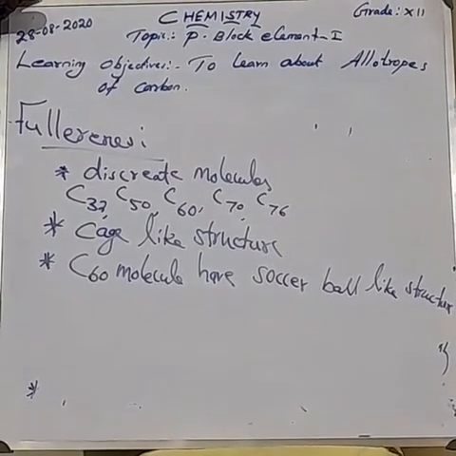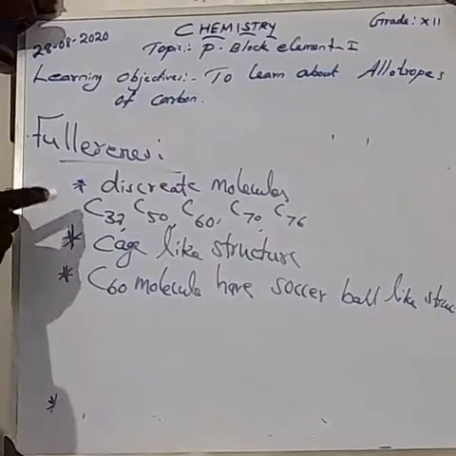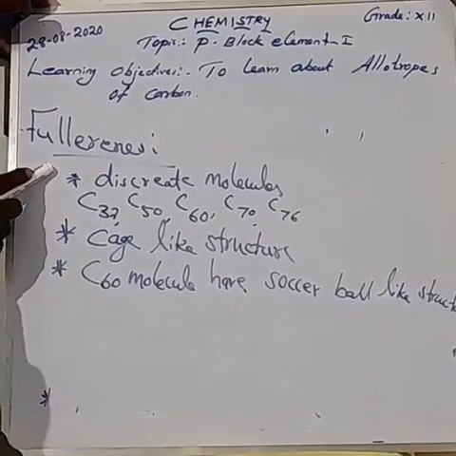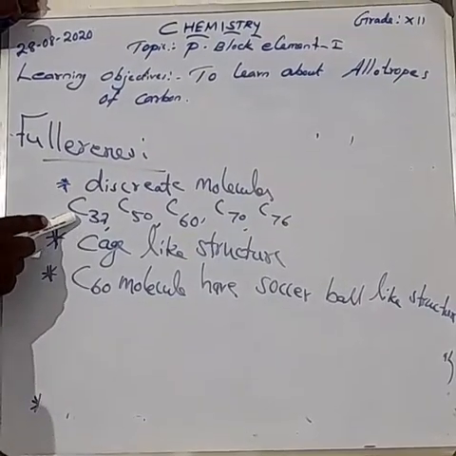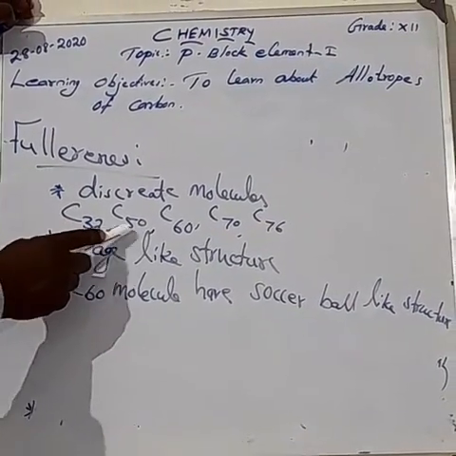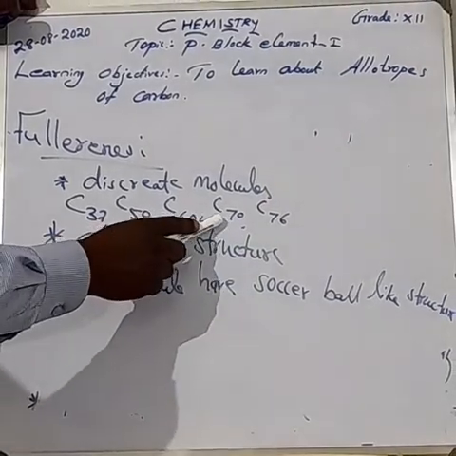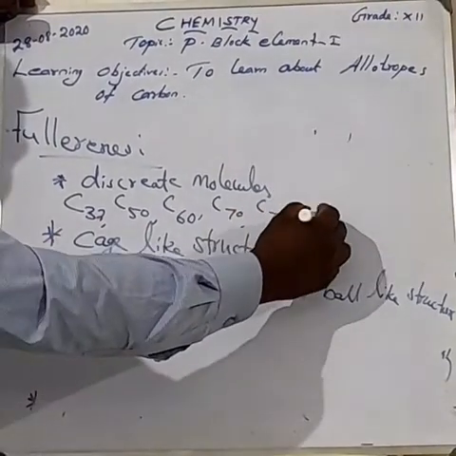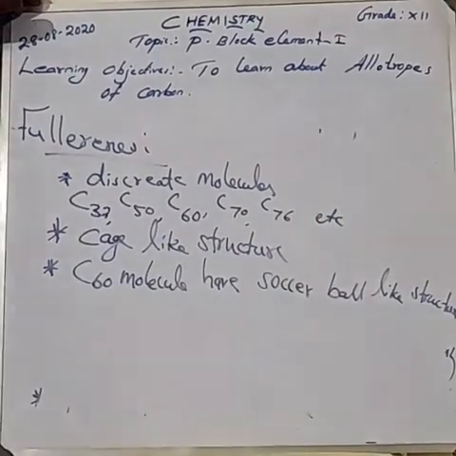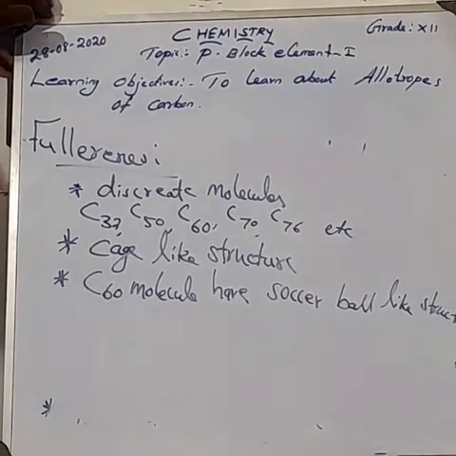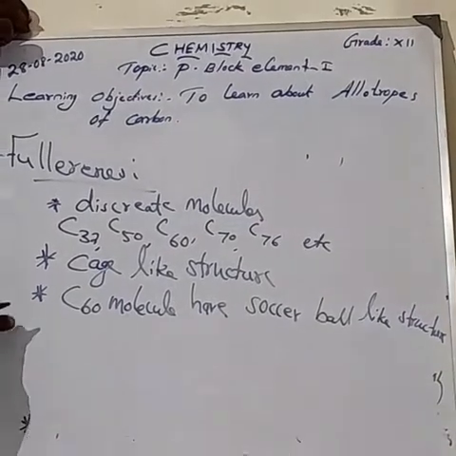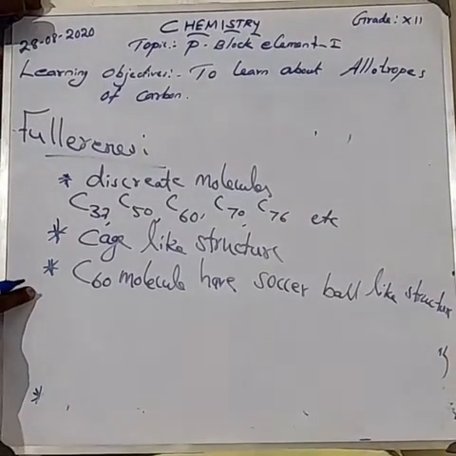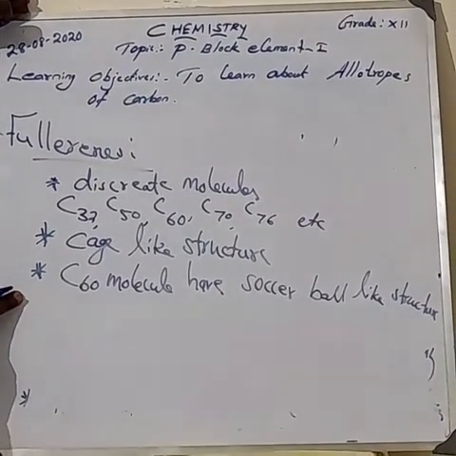Here is a short explanation about the fullerenes. They are discrete molecules such as carbon 32, carbon 50, carbon 60, carbon 70, and carbon 76, etc. They have a cage-like structure, and carbon 60 molecule has a soccer ball-like structure.